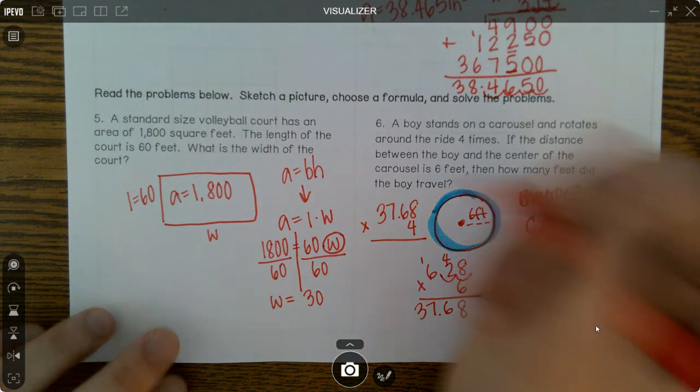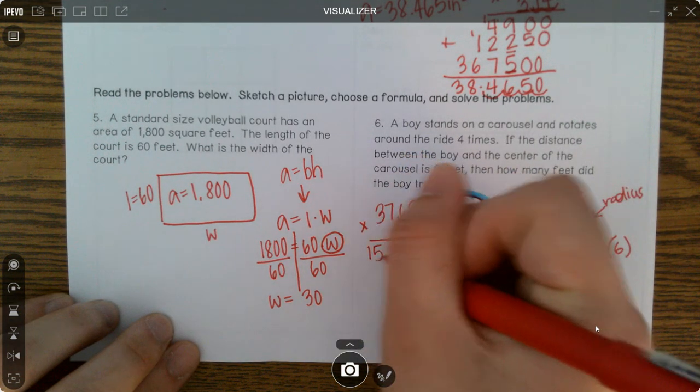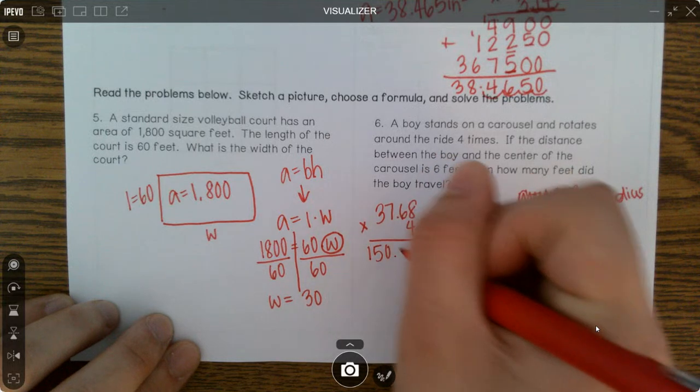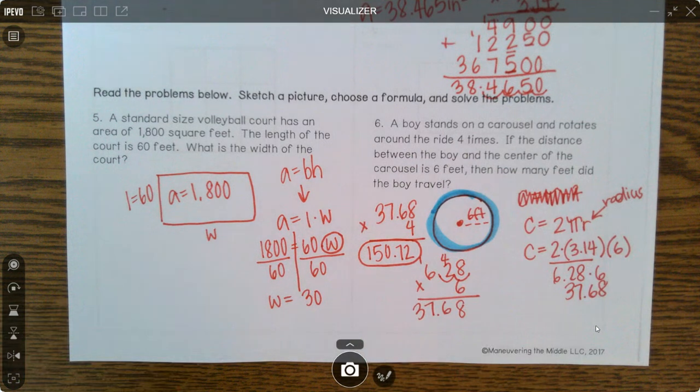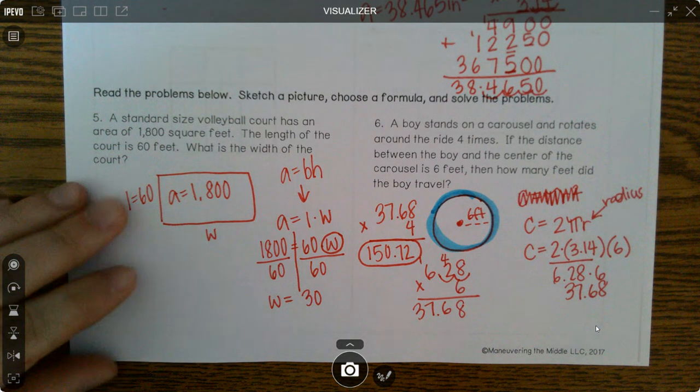So when I solve it out, I'm actually going to get 150.72. So if the boy rode around the carousel 4 times, he actually traveled around in that circle a total of 150.72 feet. This isn't too bad.